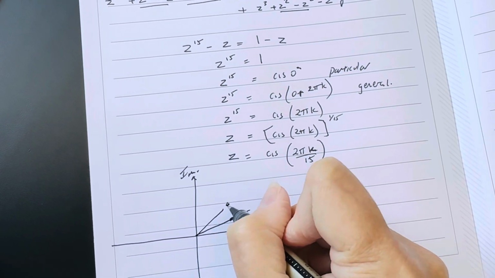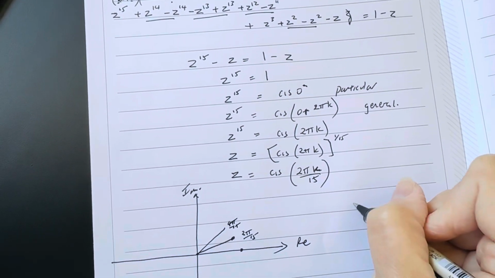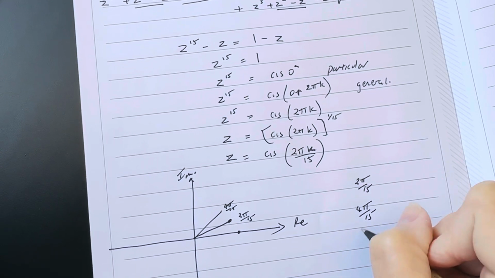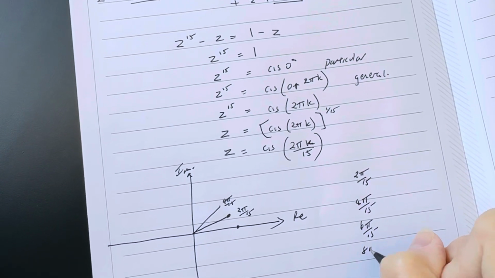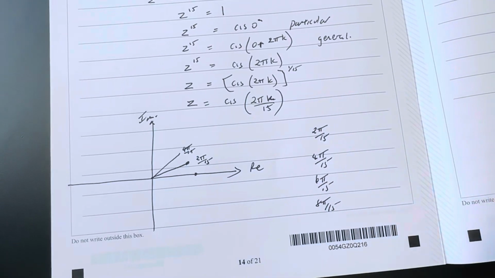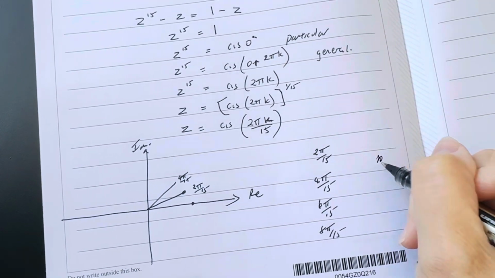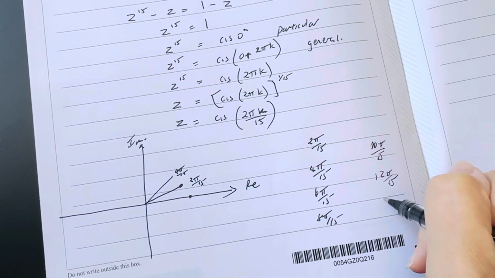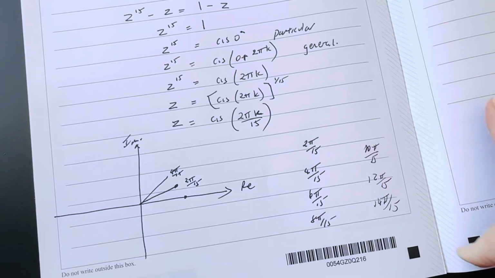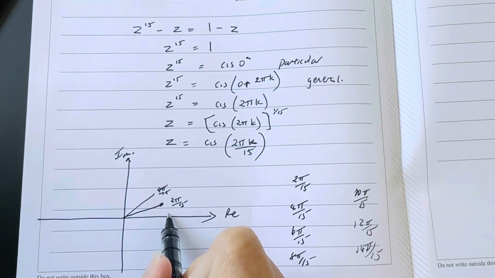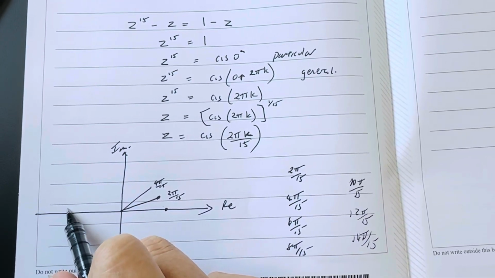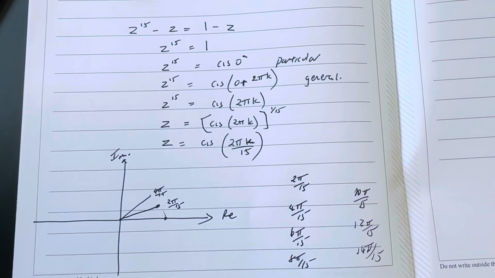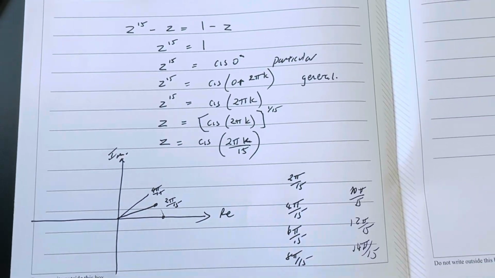And then we'd have 4 pi on 15, etc. So our solutions would be 2 pi on 15, 4 pi on 15, 6 pi on 15, 8 pi on 15, 10 pi on 15, 12 pi on 15, 14 pi on 15. They would be evenly spaced around here. Okay, we're good.